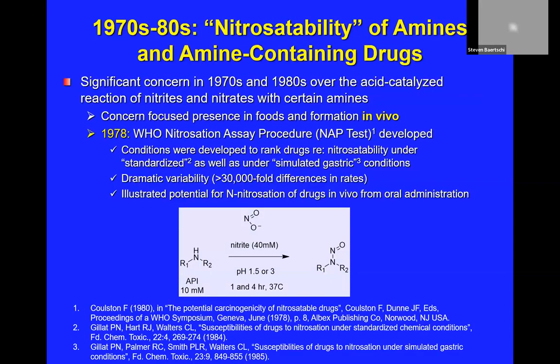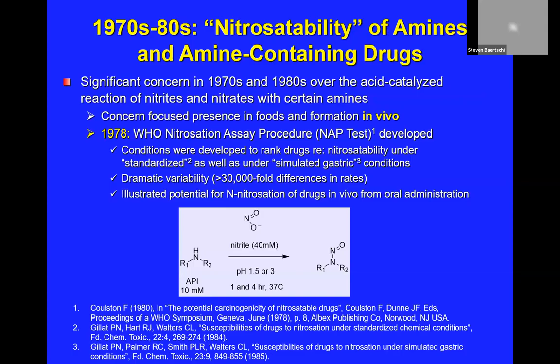From a historical context, the nitrosatability of amines and amine-containing drugs became a very hot topic in the 1970s due to concerns about nitrites in food and the reaction of nitrites and nitrates in food with certain amines. The focus was on the presence of nitrites in foods and the formation of nitrosamines in vivo, mostly in the stomach or in the gut.